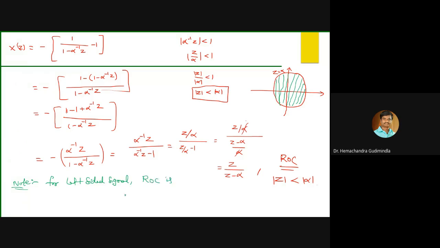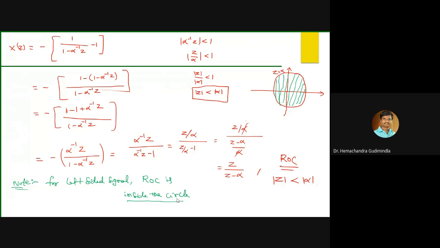ROC is inside the circle. For right sided signal, the ROC is outside the circle. For left sided signal, the ROC is inside the circle. Is everyone clear about this? So this is the standard Z transform of the standard signals.